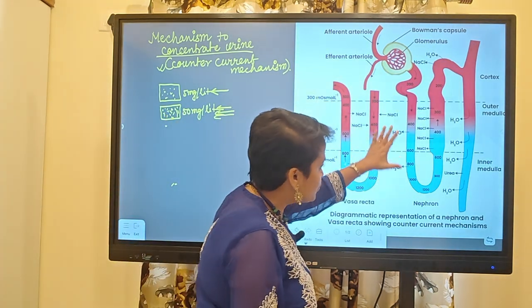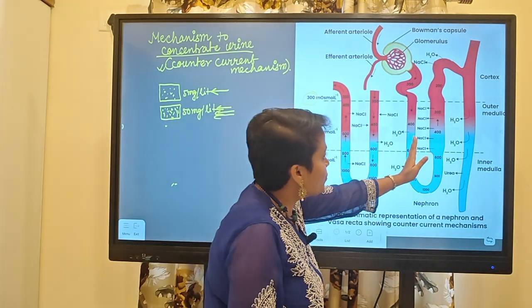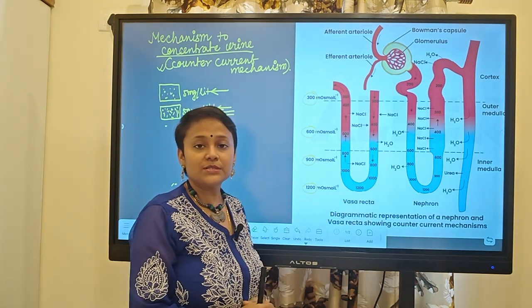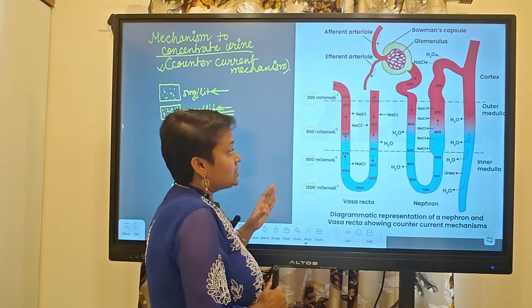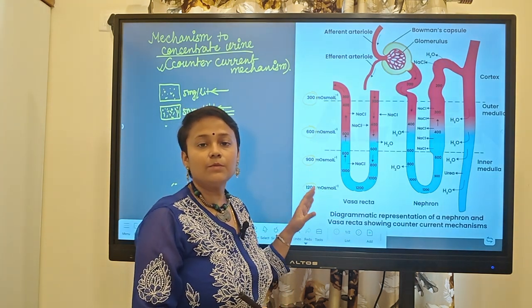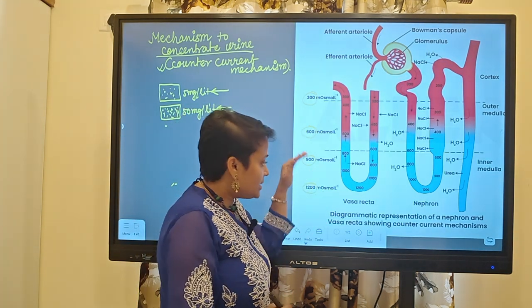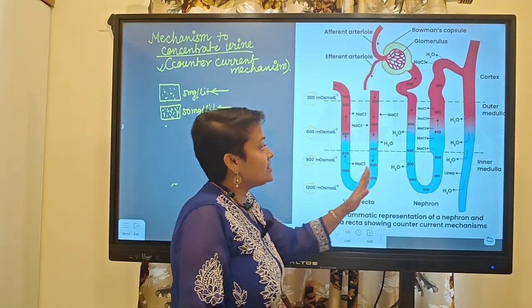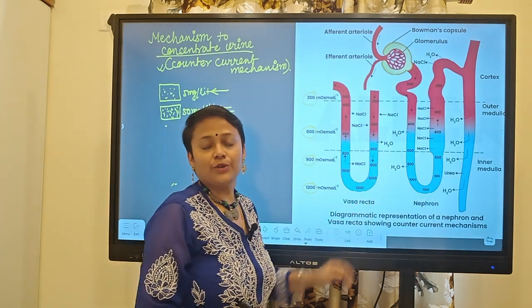Here, as more solute is there, more water will come out. We know the rules of osmosis. So, the effect of maintaining the higher osmolarity in the medulla is to concentrate the urine.